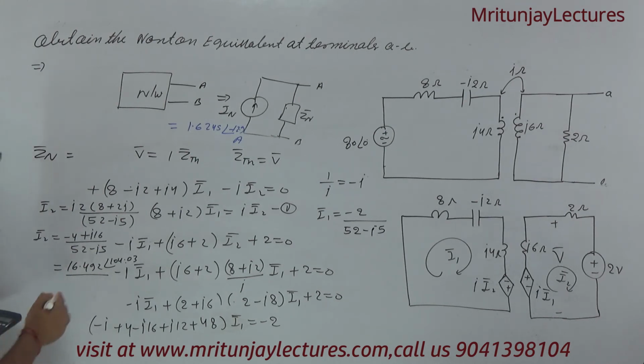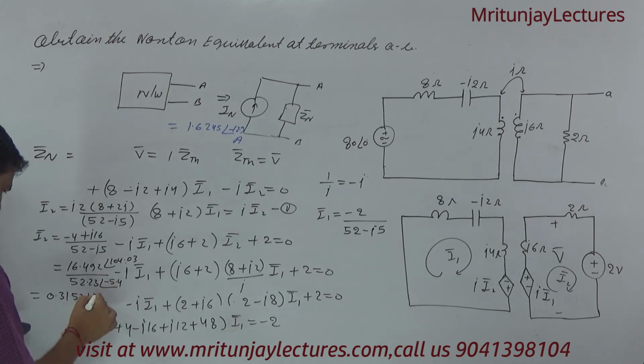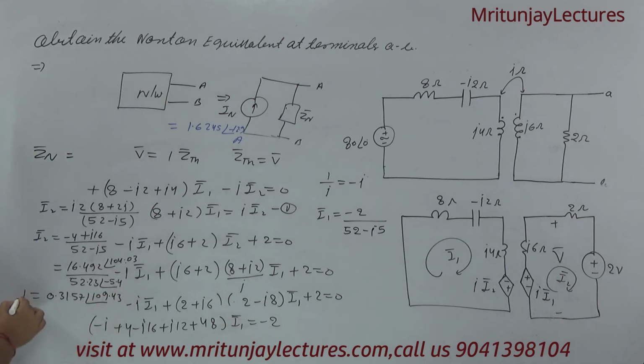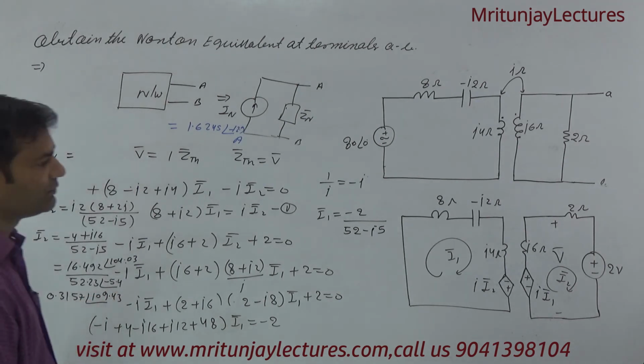If this one is written as 52.23 at the angle minus 5.4. Okay, now 16.492 divided by 52.23, that is 0.3157 at the angle 104.03 plus 5.4, that is 109.43, that is I2.